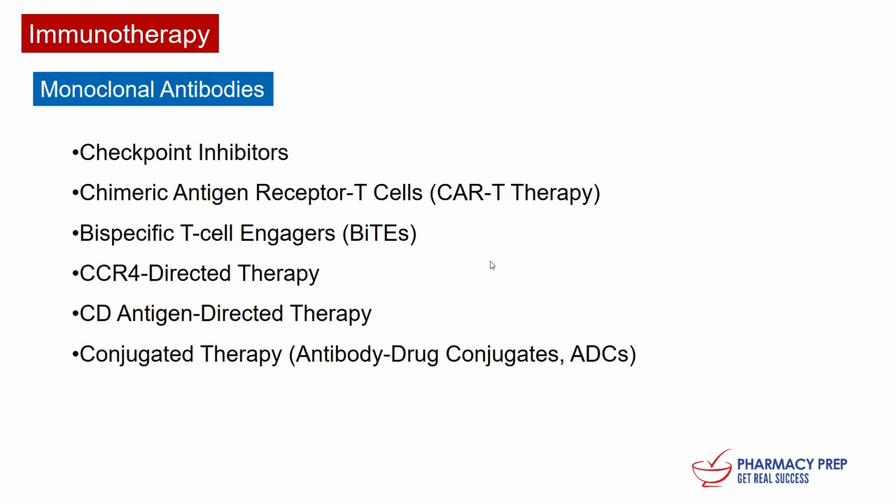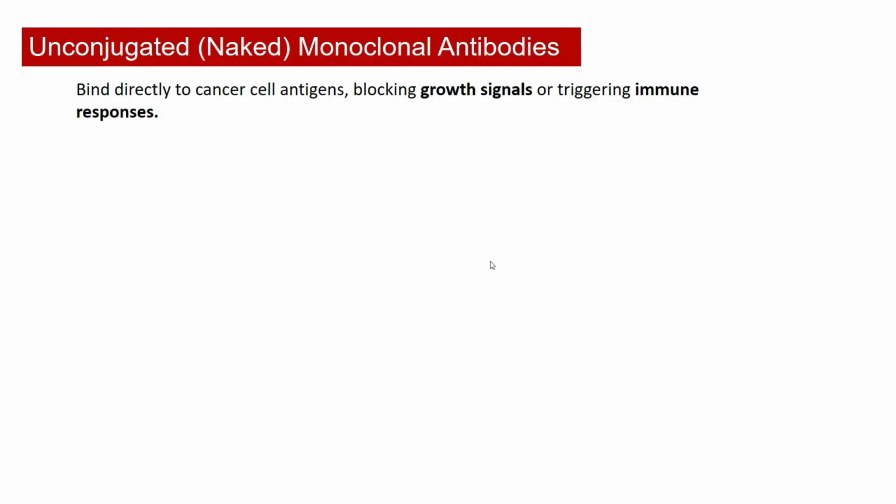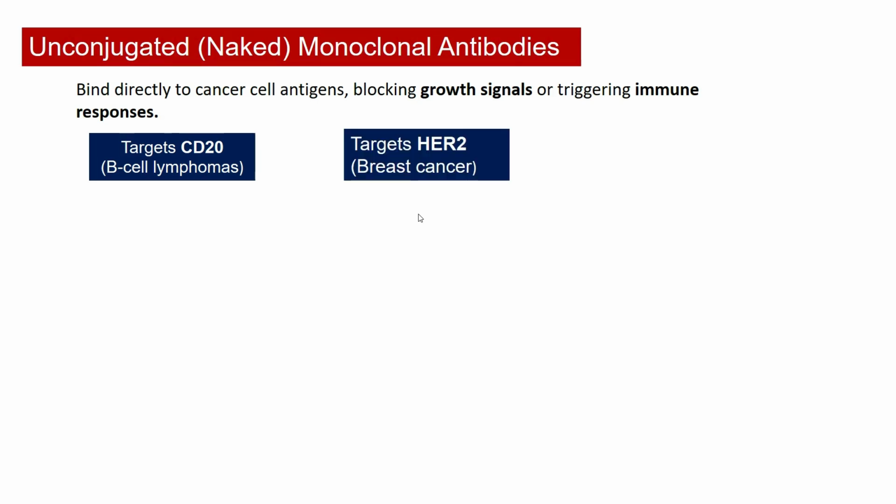Those are the examples. First, let's start with the unconjugated monoclonal antibodies. They directly use monoclonal antibodies without conjugation to other agents. There are important categories based on their target proteins. One targets CD20, which is associated with B-cell lymphomas. Another targets HER2 receptors, which are responsible for breast cancer.